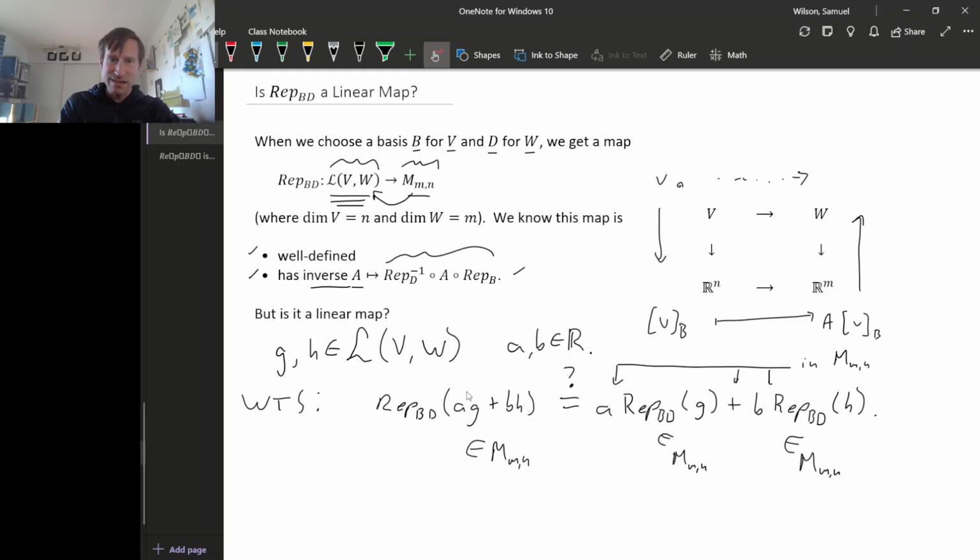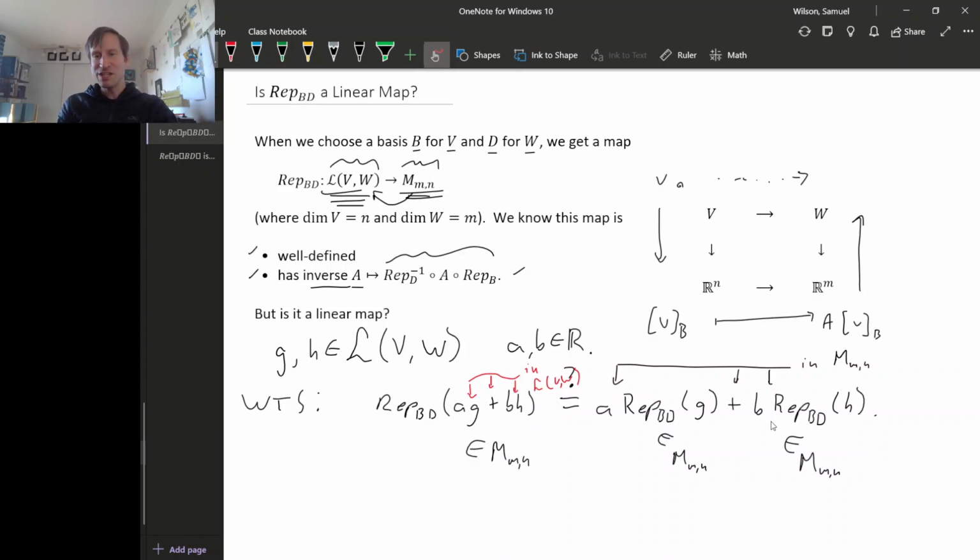And these scalar products on the left-hand side and this vector addition are happening in the space of linear maps from V to W. So we're checking that this representation map translates the vector operations in the domain vector space into the vector operations in the codomain vector space.